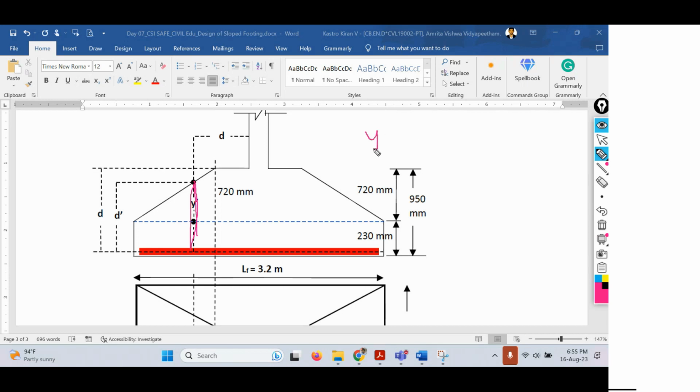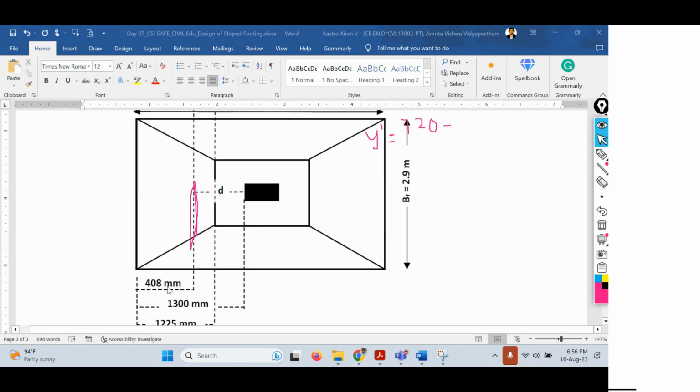So y dash equals, so how to get this y dash depth value? So we know this depth, that is 720 mm. So 720 times, just give me a second. 720 is this particular depth, into this length we have to find out. Let me just check that length, which is 408 mm.